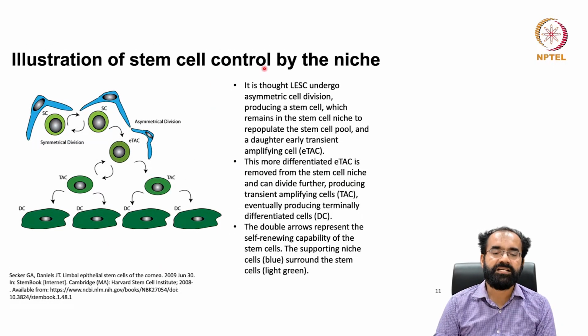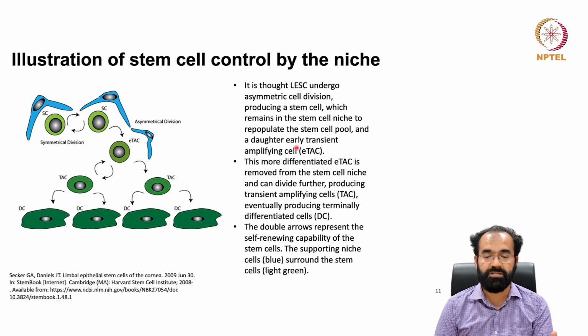So this is an illustration of the stem cell control by the niche. It is thought that the LESC, limbal epithelial stem cells, undergo asymmetric cell division, producing a stem cell which remains in the stem cell niche to repopulate the existing stem cell pool, and a daughter cell that is transiently amplifying, which is migrating to the corneal layer. That is called the early transient amplifying cell, also known as ETAC.